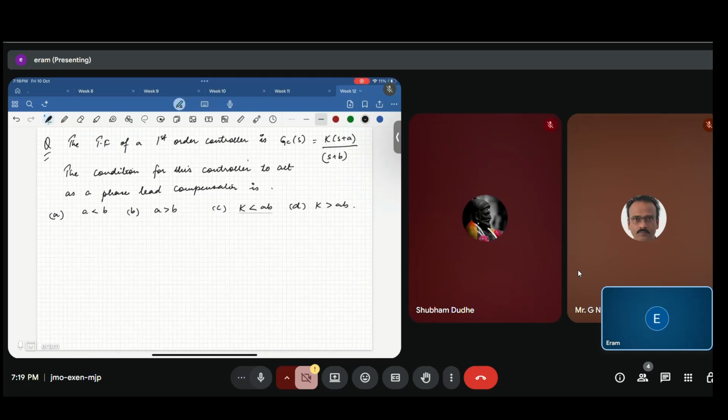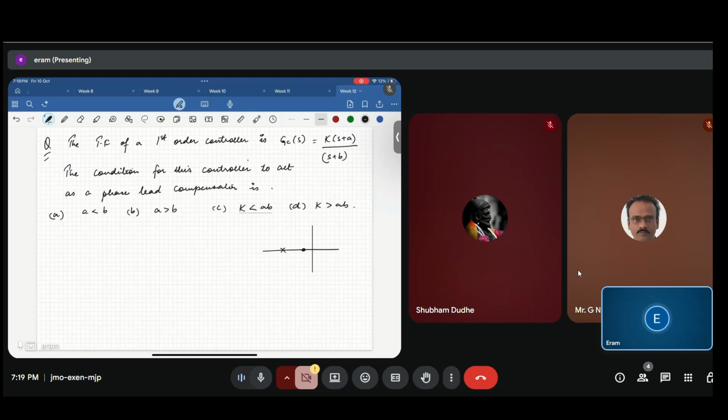This is a simple problem. You can easily solve this. How should you choose A and B such that this controller acts as a phase lead compensator? We know in a lead compensator we have a zero here and a pole here.